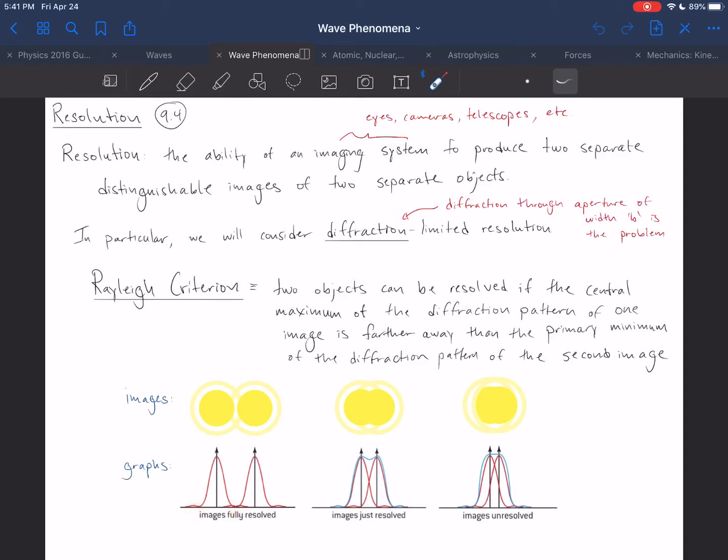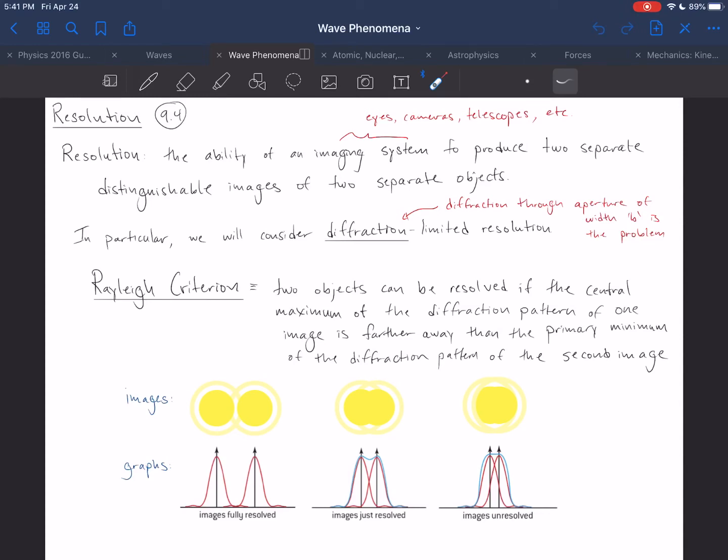You can see that image. And the general point is that when you detect these two things on your imaging device, you detect these two intensity profiles, except you don't detect them separately. You detect them as if they lay on top of one another.